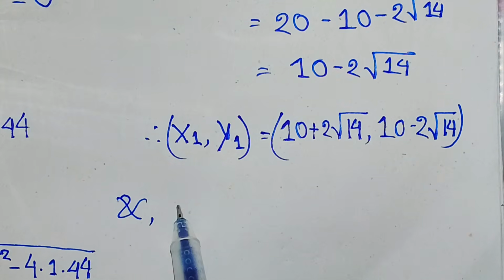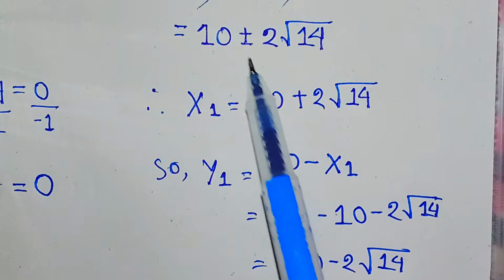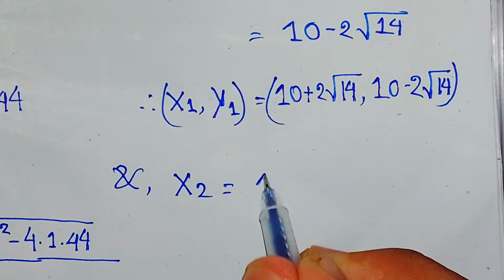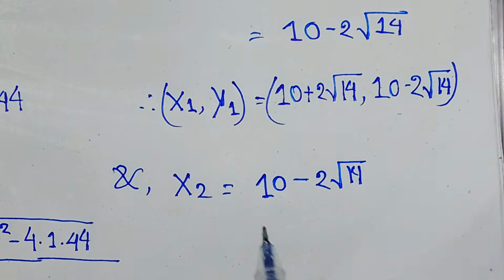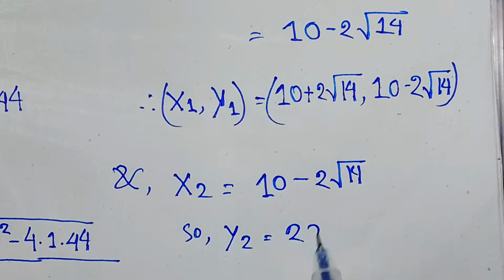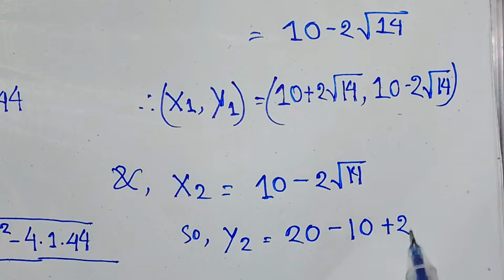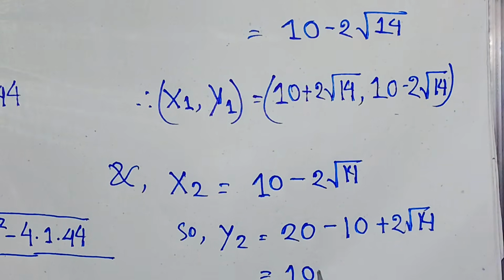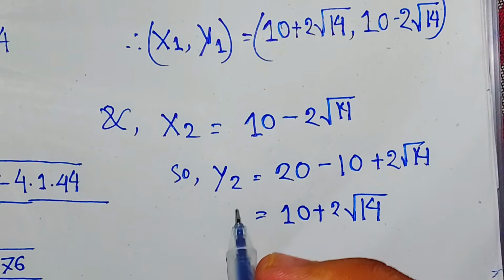After that we will get the second value, x2, which is 10 minus 2 root over 14. In the same way, y is equal to 20 minus x, so y2 will be 20 minus (10 minus 2 root over 14), which gives 10 plus 2 root over 14.